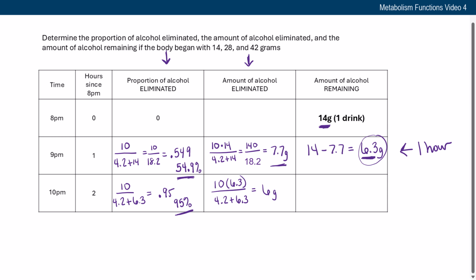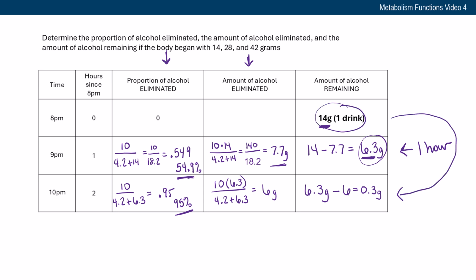To find the amount of alcohol remaining, we take the 6.3 grams minus the 6 that was eliminated, and we are left with 0.03 grams. So what this portrays is that if you have one drink, it takes roughly 2 hours to almost completely metabolize the alcohol in your system.